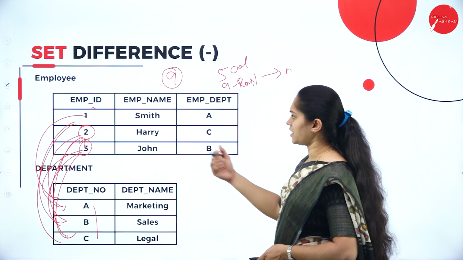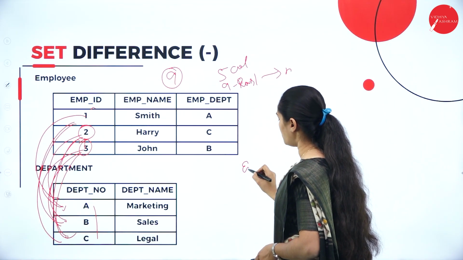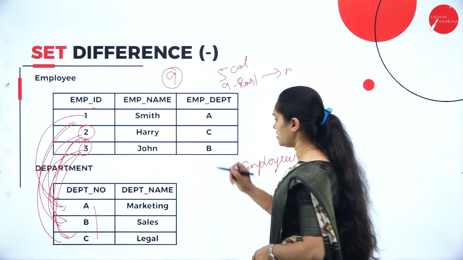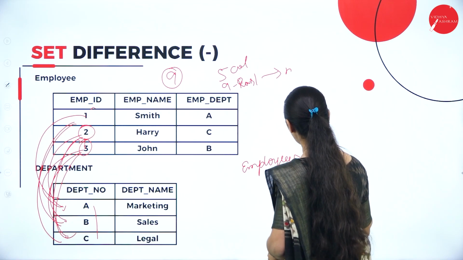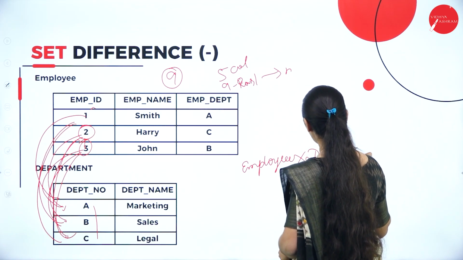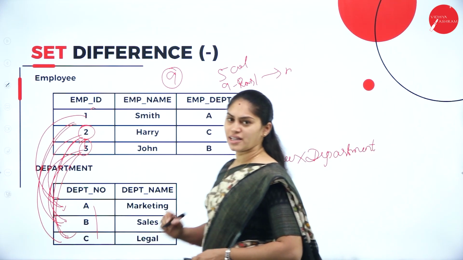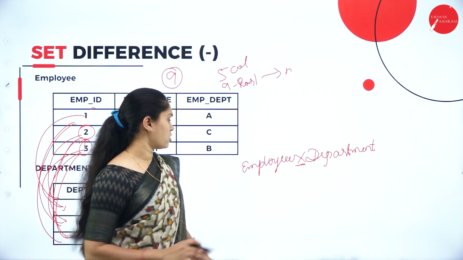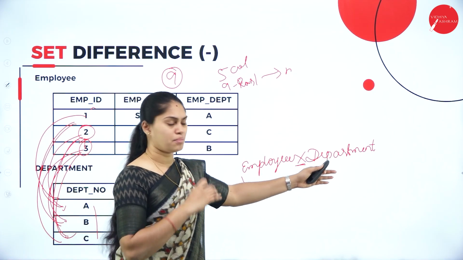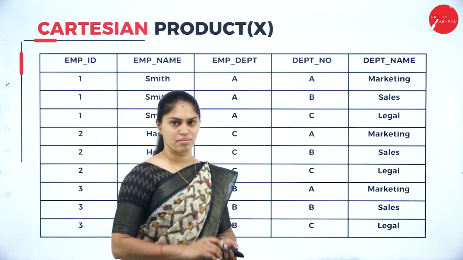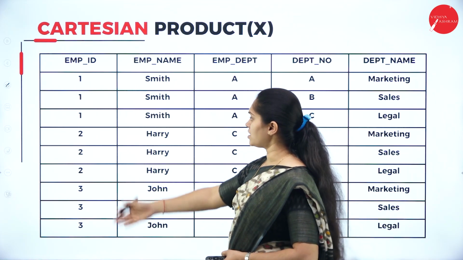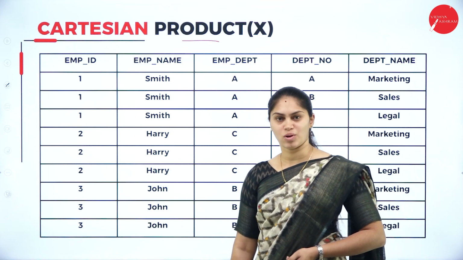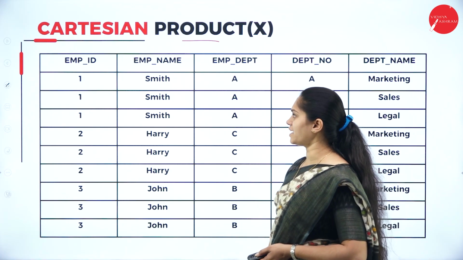Whenever we are doing the Cartesian product, employee Cartesian product department, all the rows of employee will be combined with all the rows of department. So you get 9 rows and 5 columns. I hope you all understood the Cartesian product.